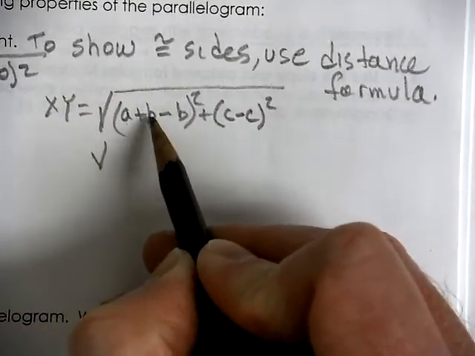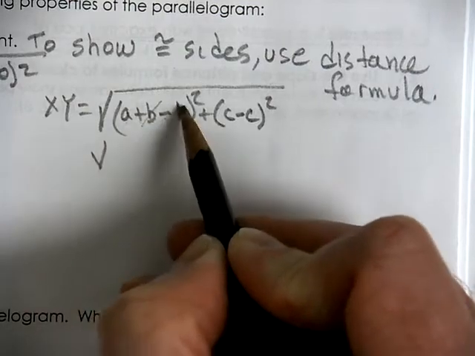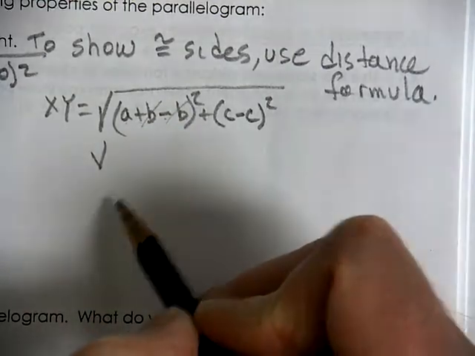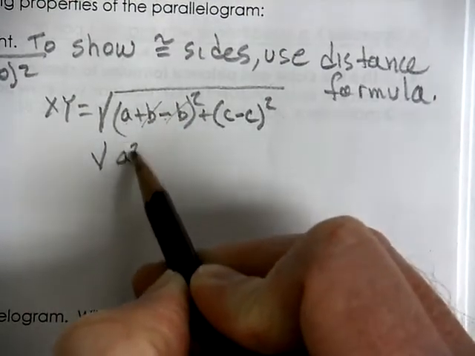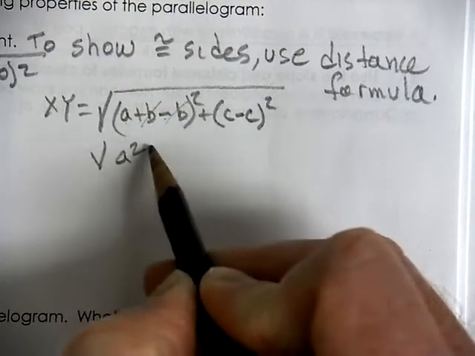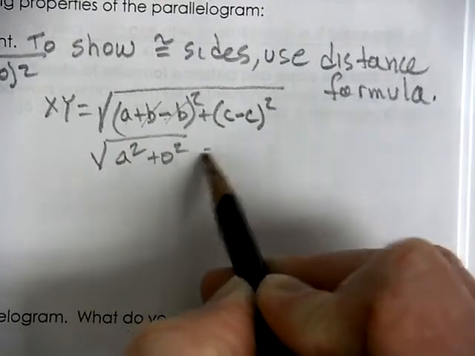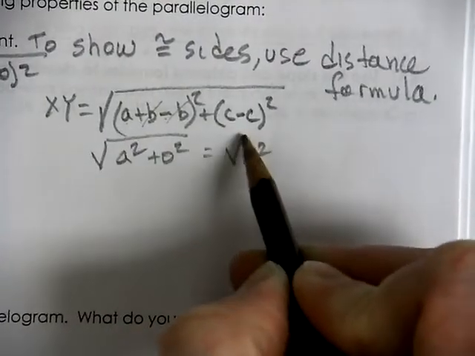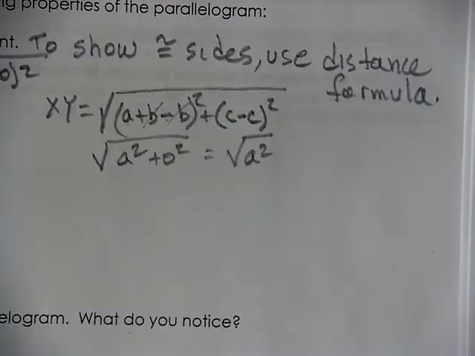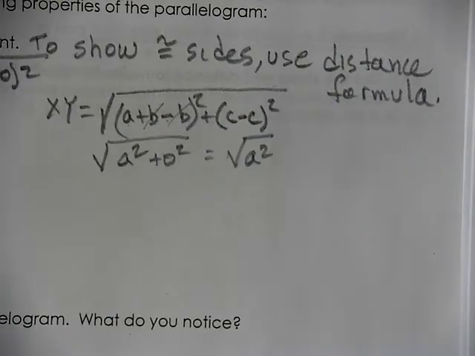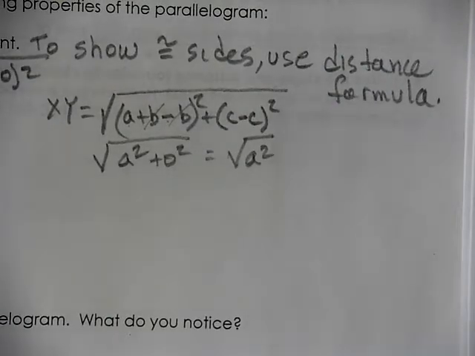So a plus b minus b, that means the b's cross off. We're left with a squared plus nothing squared. Well, that's just a squared. And can you take the square root of something squared?